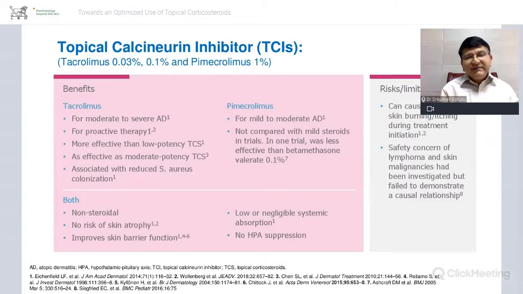They are almost as effective as moderately potent topical corticosteroids, and they are associated with much less impact as far as Staph aureus colonization is concerned too. And there's no risk of skin atrophy, and they are non-steroidal. Of course, pimecrolimus too, though it's a little bit weaker, at the most comparable to mild steroids.